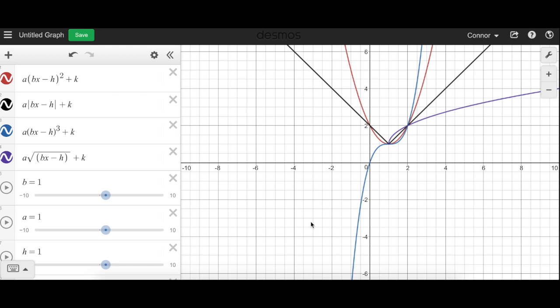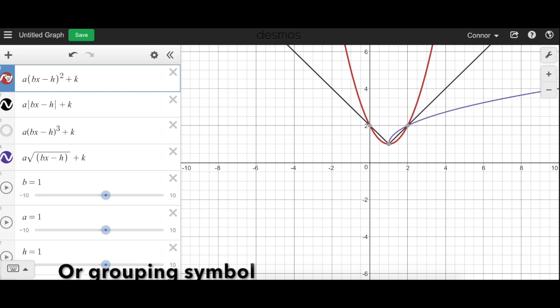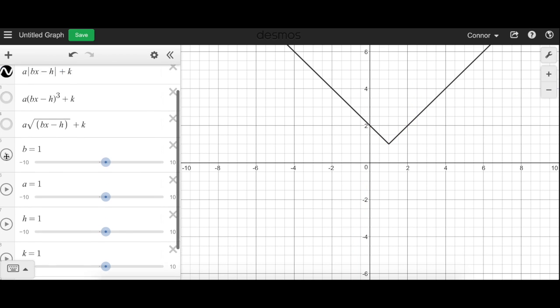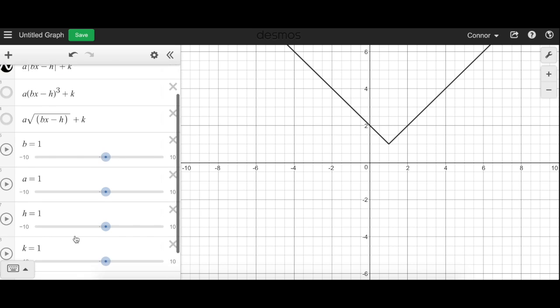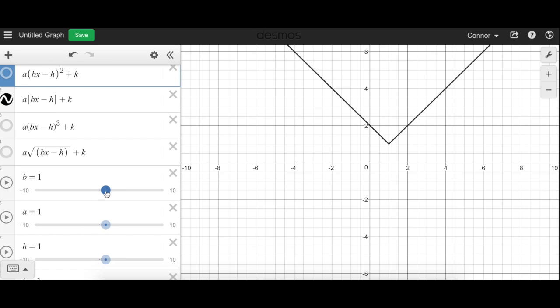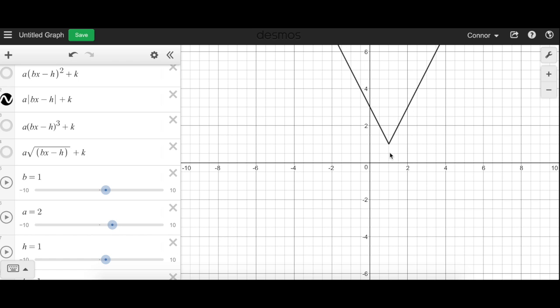The stretches and compressions. Now, there's vertical stretches and compressions, and there's horizontal ones. So we'll start with vertical ones. Vertical stretches and compressions are outside the parentheses. Now, I'll use the absolute value function this time. When I make a 2, it stretches vertically.